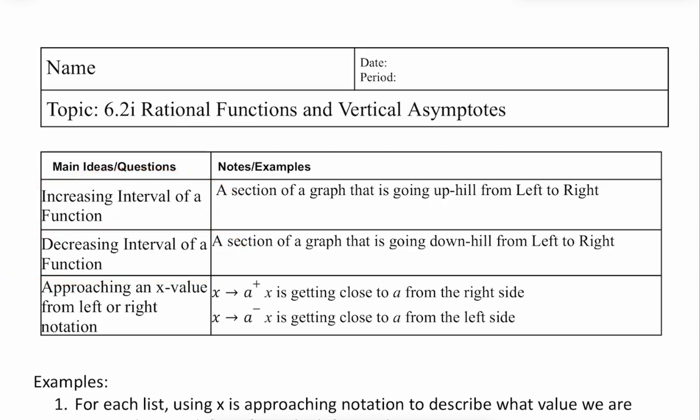Okay. This we talked about yesterday. This notation, I just wanted to remind you one more time: if it has a little plus as a superscript next to the number, we are approaching that value from the right. If it has a little minus, we are approaching that value from the left side. That's going to come up when we do vertical asymptotes.